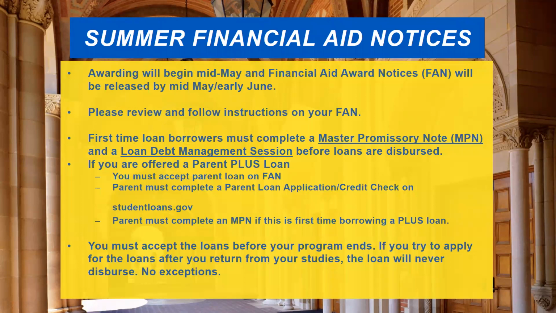But for the loans, especially if you're a first-time borrower, you have to make sure that you go to studentaid.gov and complete a master promissory note for federal student loans, and then you also need to do a loan debt management session. It's also called a loan entrance interview. They're both located at that same site, studentaid.gov.